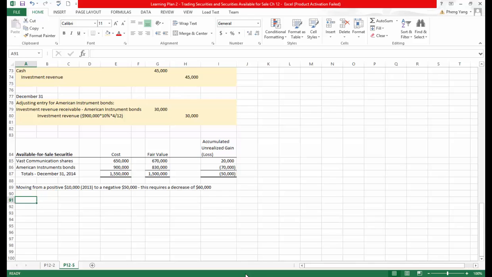All right, so let me just lay this down here. Our balance needed in the fair value adjustment will be 50,000. Our existing account balance in the fair value adjustment right now holds 10,000.